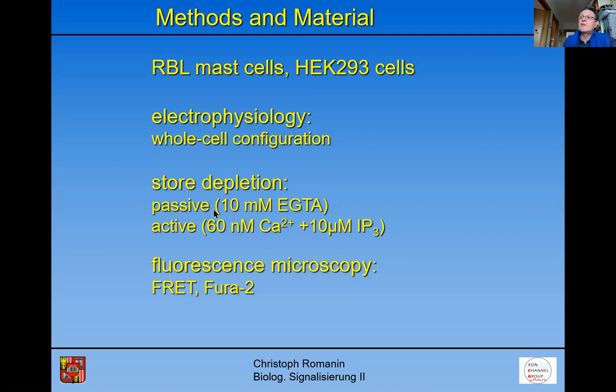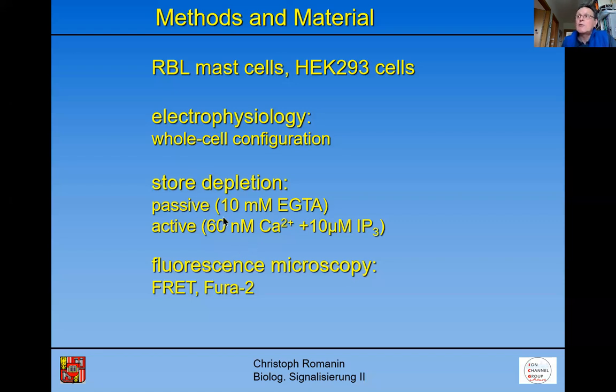That occurs at the resting calcium concentration of about 60 nanomolar, and in the pipette there is a high concentration of IP3 given. That is the second messenger, and via the pipette it diffuses into the cell, opens the IP3 channel, leads to a drop in the calcium concentration in the lumen of the ER, and in turn you should see a rapid activation of these CRAC currents.